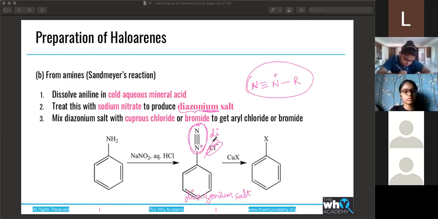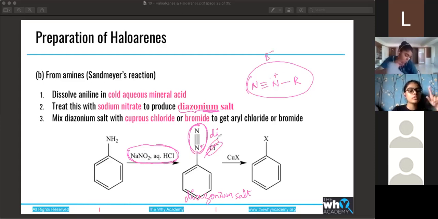The Cl minus is purely because you have a cation, and it attracts an anion. If you take H2SO4 or something like that, you get HSO4 minus ions attached to it. So basically, treating an amine with a mixture of this produces this and another anion.